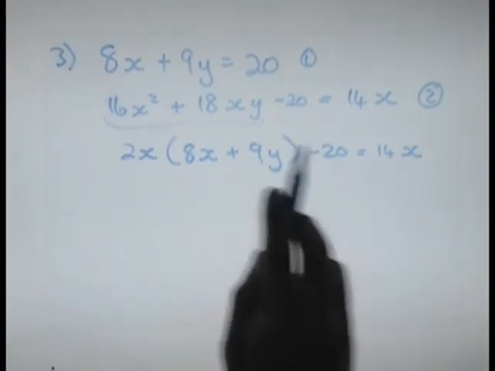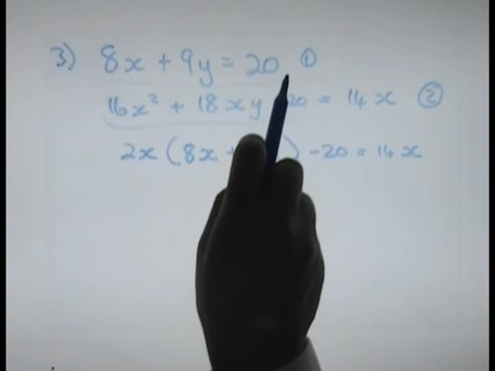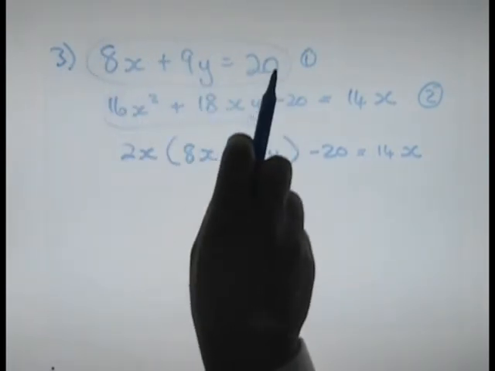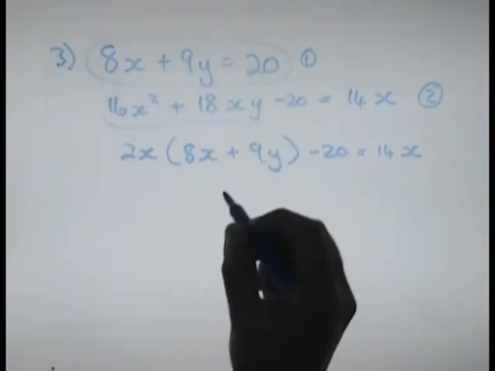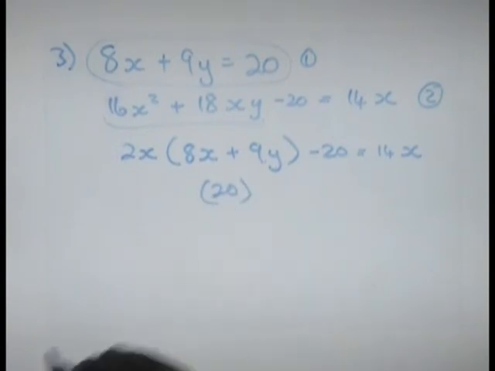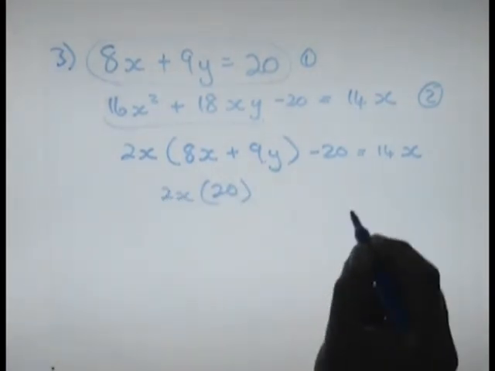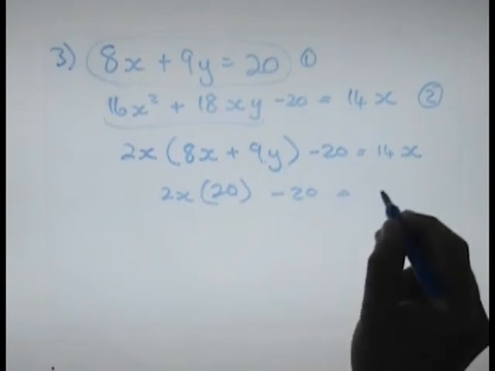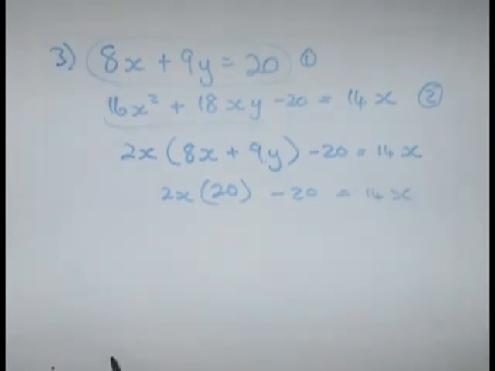Why did I do that? Look at this. 8x plus 9y is equal to 20. So instead of 8x plus 9y, can't I write in 20, times 2x, minus 20 is equal to 14x?